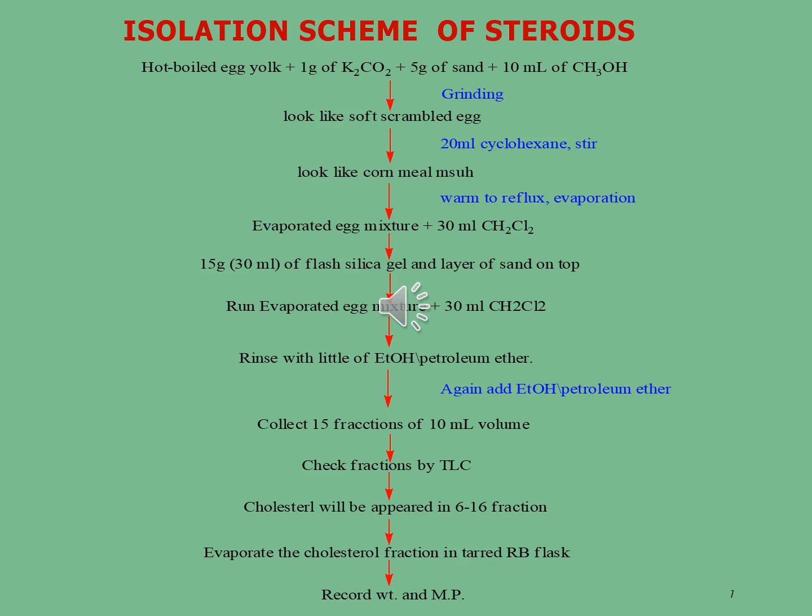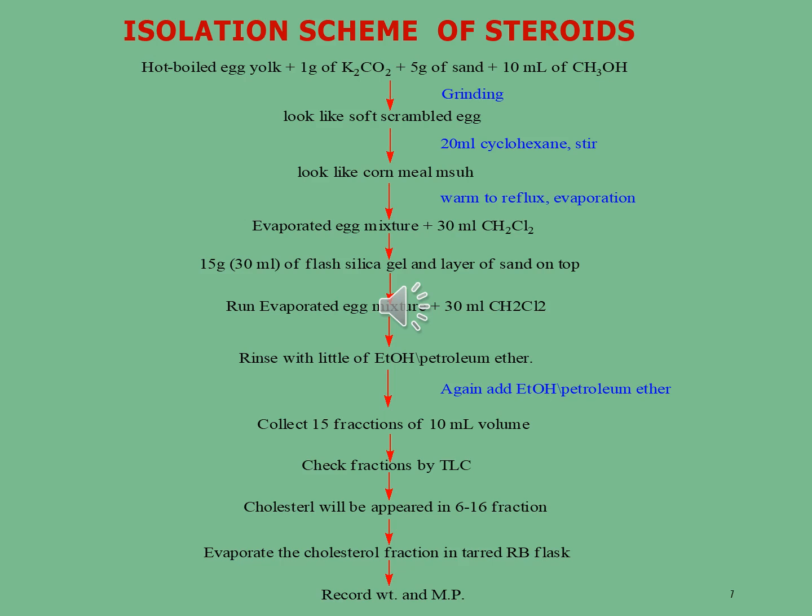So the cholesterol will be spread into fractions 6 to 16. Now after the evaporation of cholesterol fractions, we will get the cholesterol crystals in the round bottom flask. Now the steroid, which is in the form of cholesterol, is recorded for weight and then its melting point is taken.